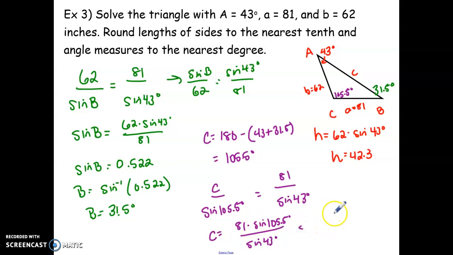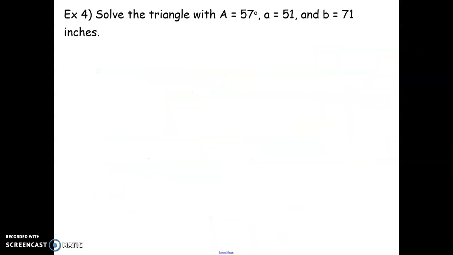You should get that side c is equal to 114.4. Okay. Similar process, only difference is we only have one angle, so we have to do a little bit more work to find our angles than we would typically.